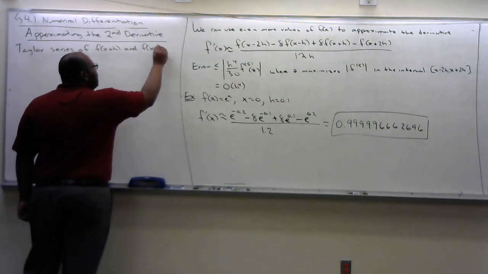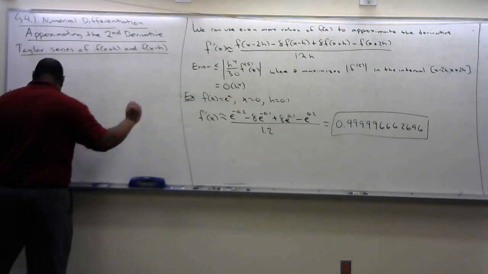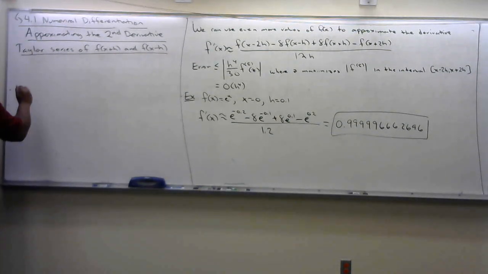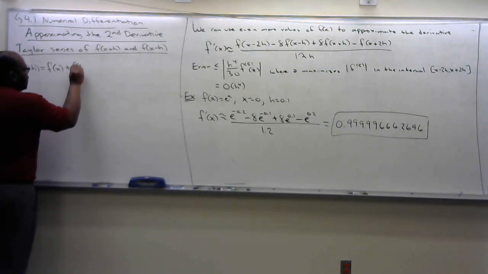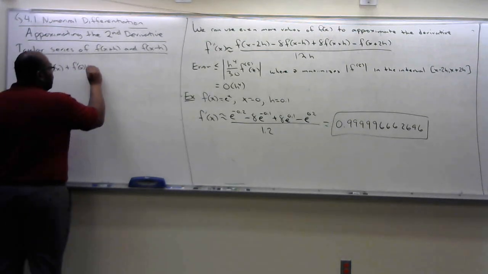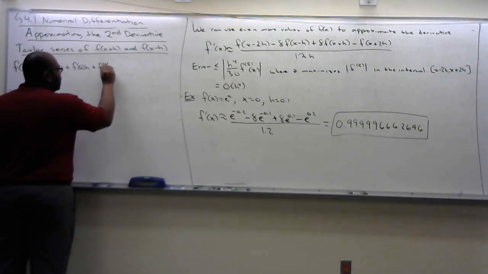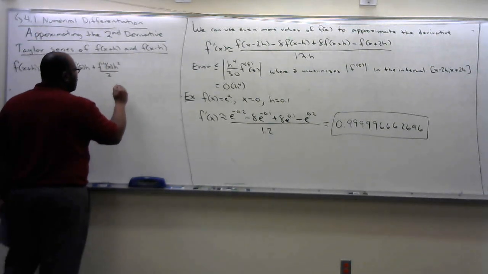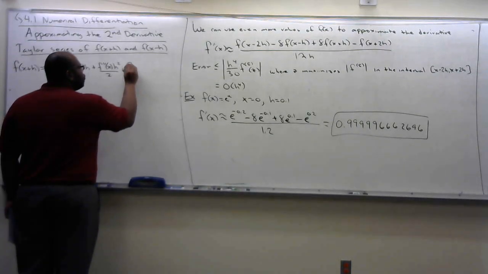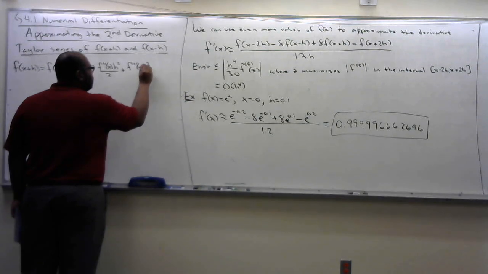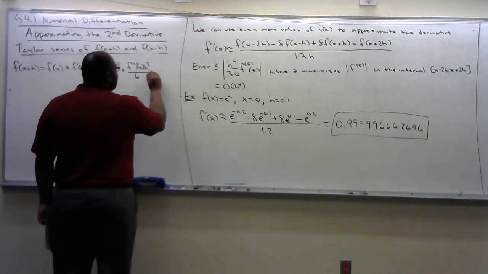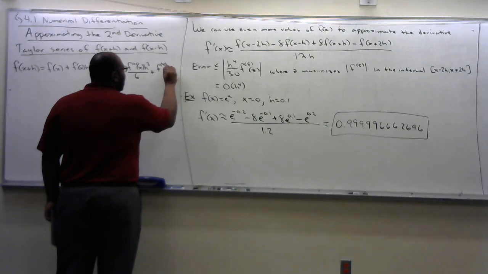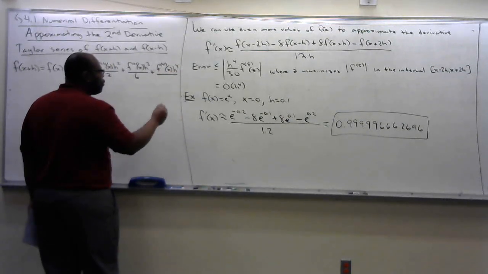It was when we were trying to find the midpoint formula. It looks something like this, where we had f of x plus h is equal to f of x, no problem there, plus f prime of x times h, plus f double prime of x times h squared over 2 factorial, plus f triple prime of x, h cubed over 6, which is 3 factorial, plus the 4th derivative of f at x, h to the 4th over 4 factorial, which is 24.